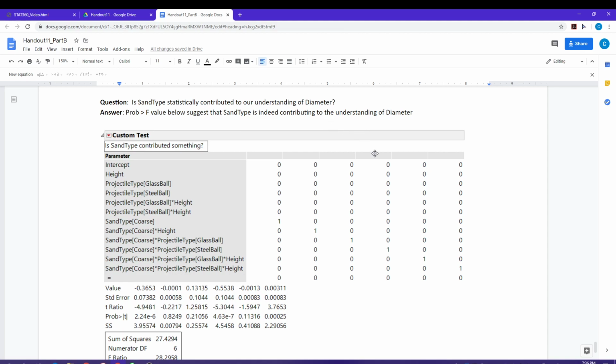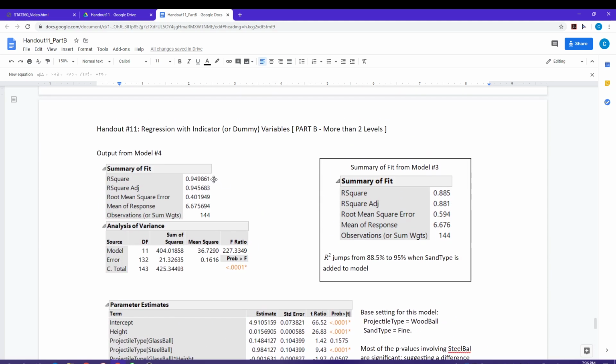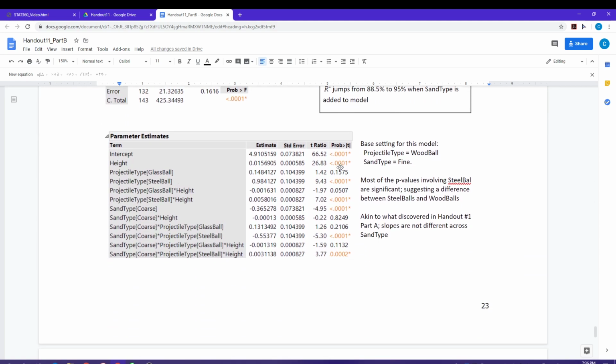So this model is more complicated, certainly. I am getting a little bit more R squared. So I'm up to 95% versus 88.5%. So I'm gaining a little bit on the R squared. It will take you certainly more effort to try to explain this model to somebody.